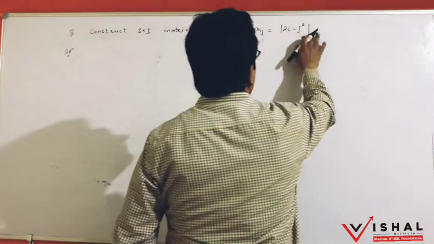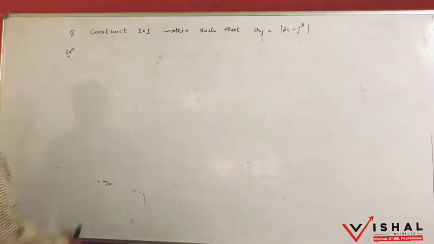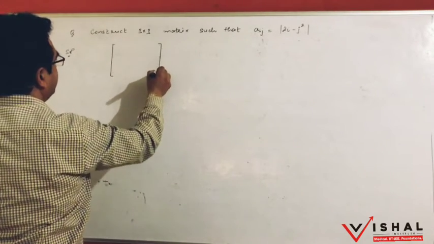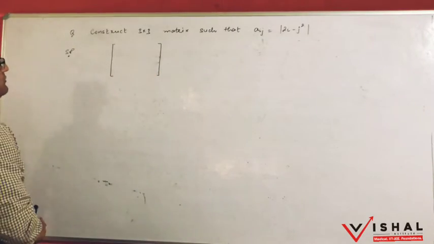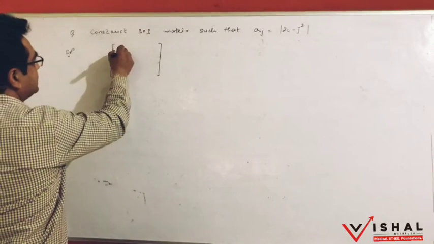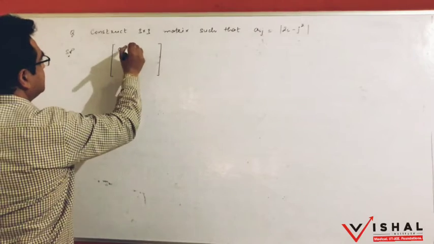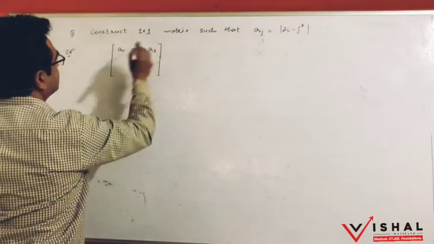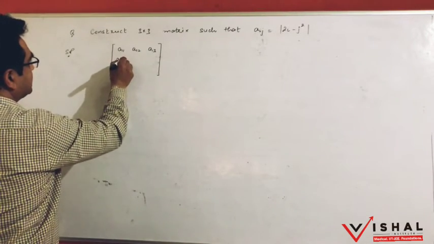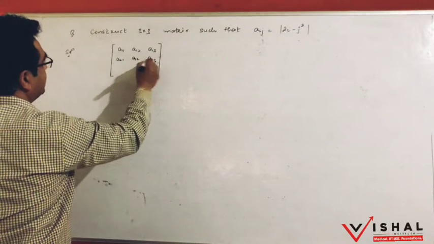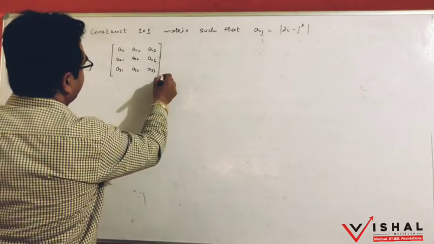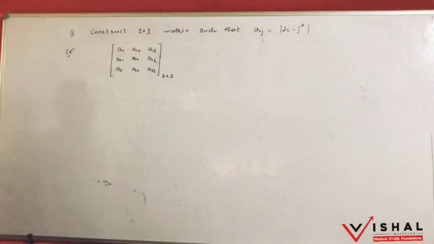So let's construct a 3 cross 3 matrix. So we need 3 rows and 3 columns. So now we need 3 columns. So this is the first column, this is the second column, and this is the third column. Now we need 3 rows also. So the second row is A21, A22, A23, and the third row is A31, A32, A33. So this matrix is 3 cross 3.